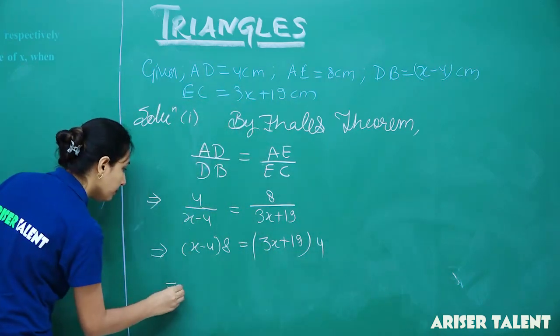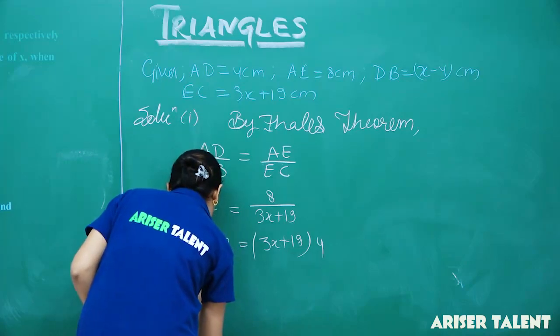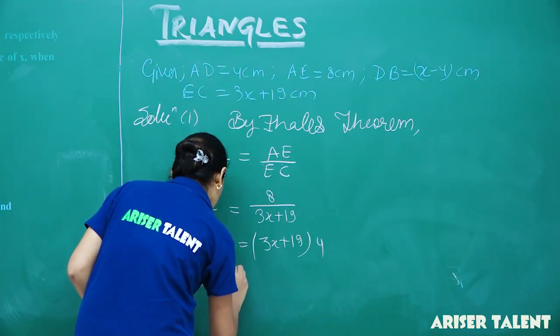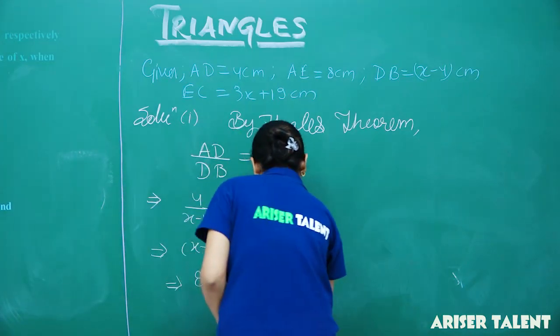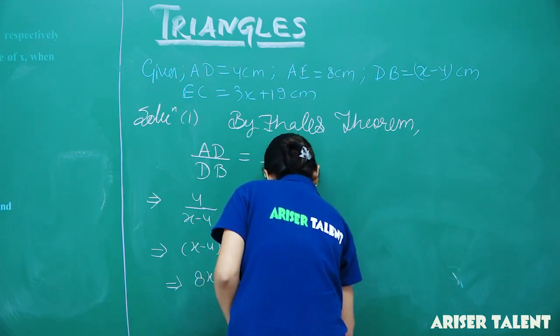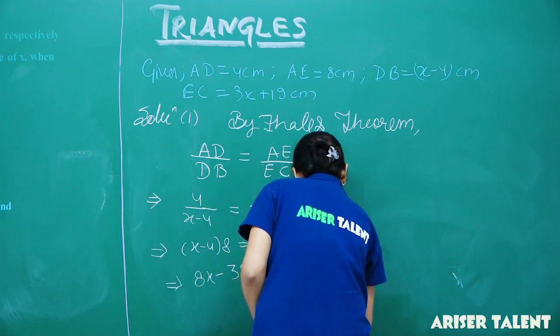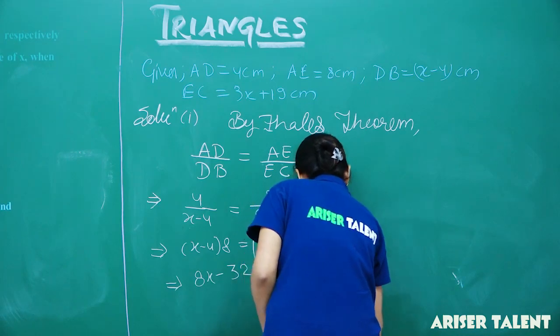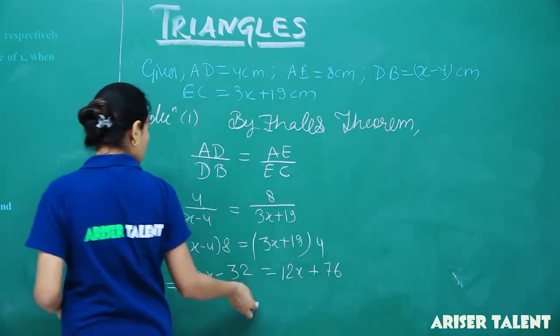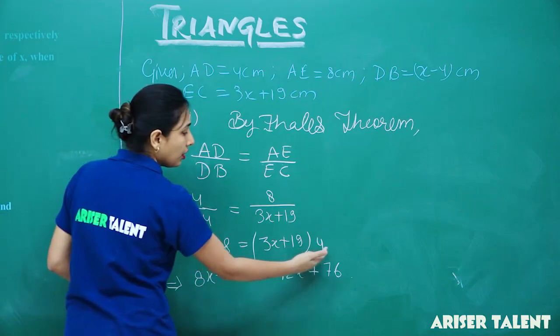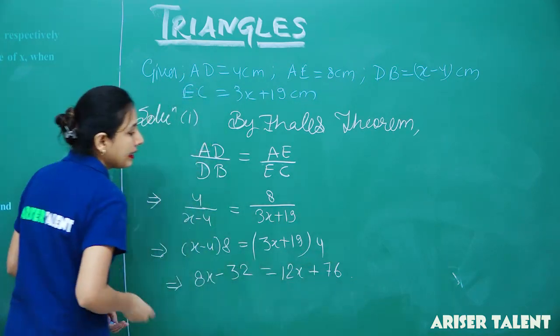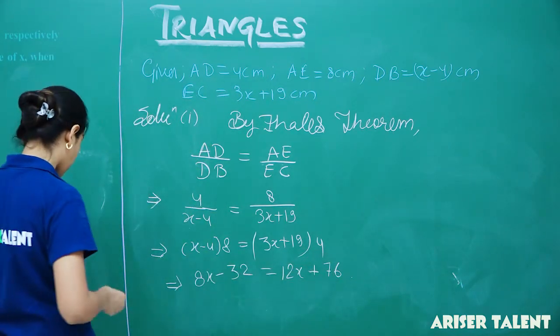What will it give you? Calculate it fast. It will give you 8x minus 32 equals 12x plus 76.